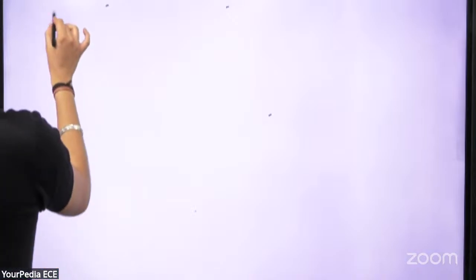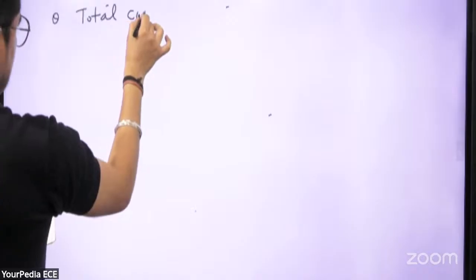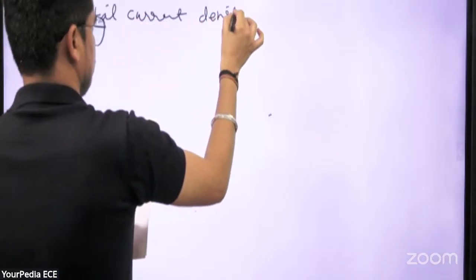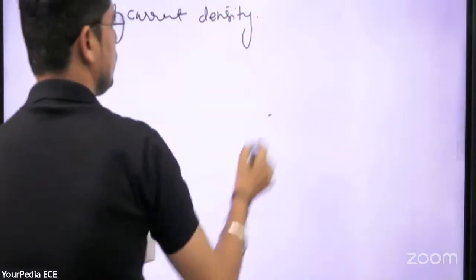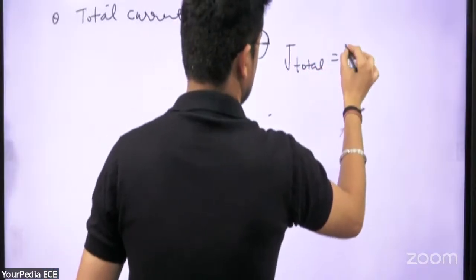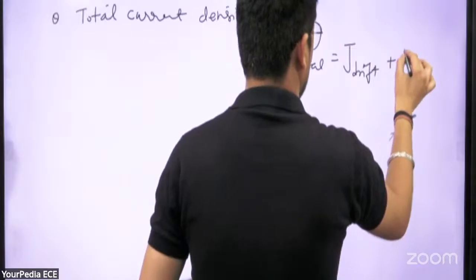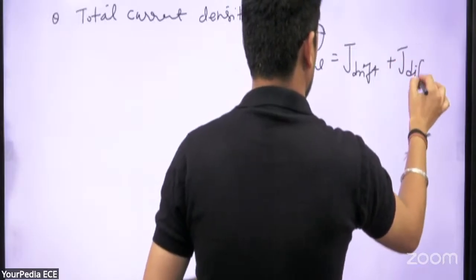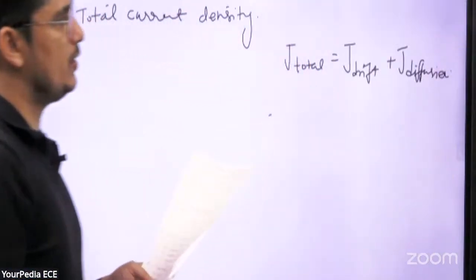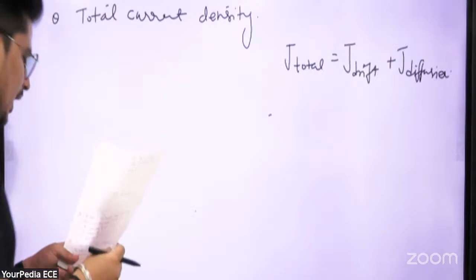Whenever we are talking about total current density, J total is equal to J drift plus J diffusion. So your total current density is equal to J drift plus J diffusion inside your semiconductor.